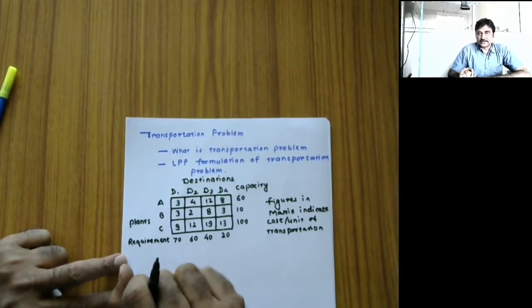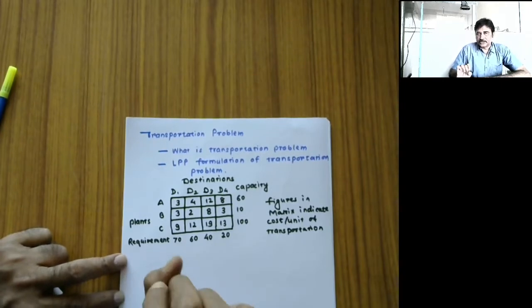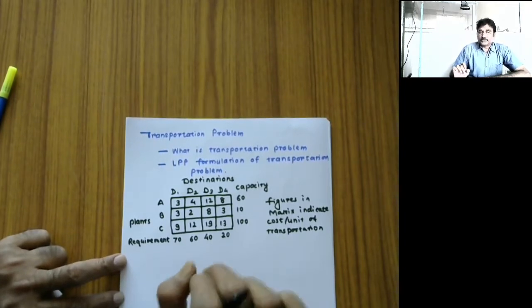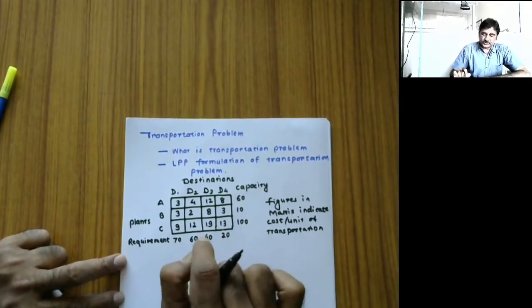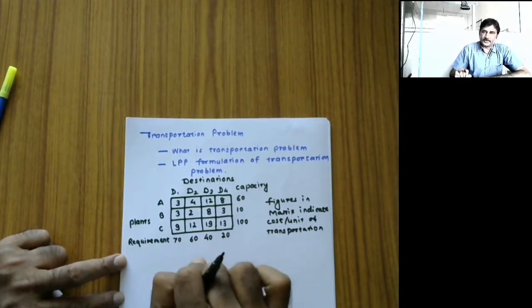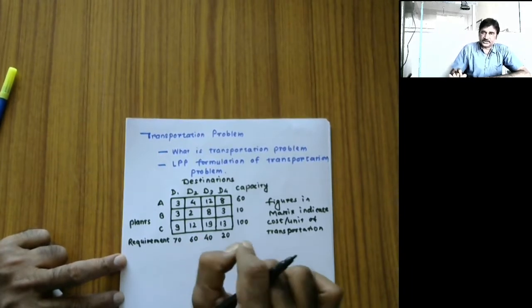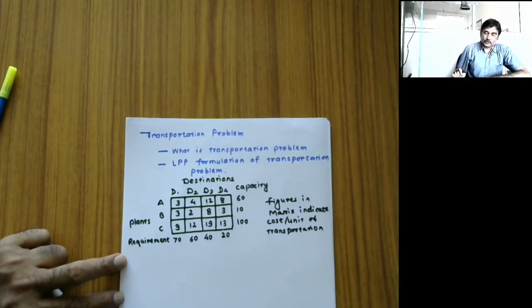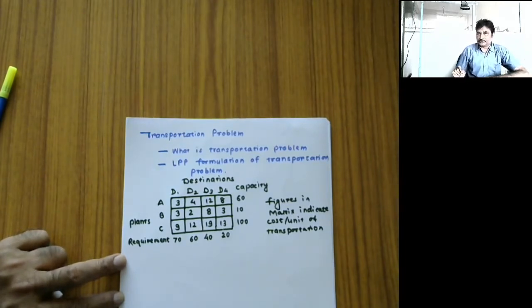Now, in this situation, your objective becomes to find out how much quantity is to be transported from a particular plant to a particular destination, so that the total cost of transportation is minimum while not violating the capacity and requirement constraints.